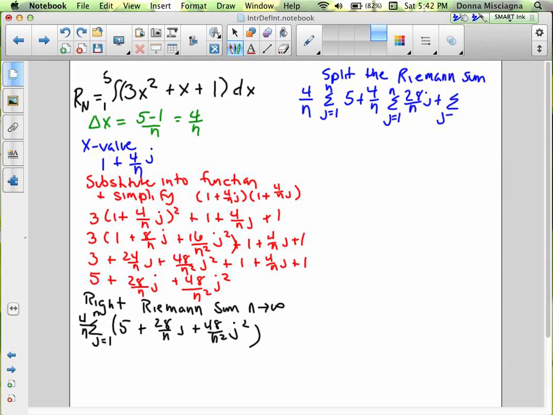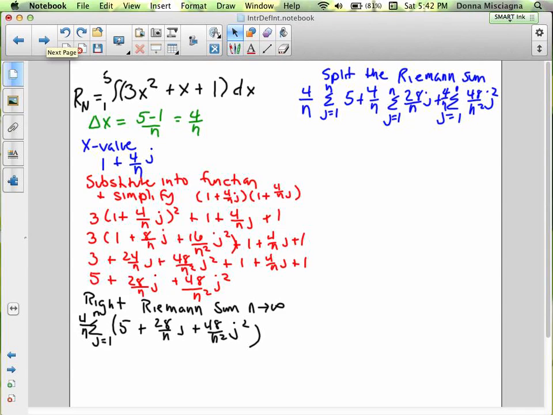Almost forgot the little 4 over n there. So plus 4 over n times sigma j equals 1 to n of 48 over n squared j squared.